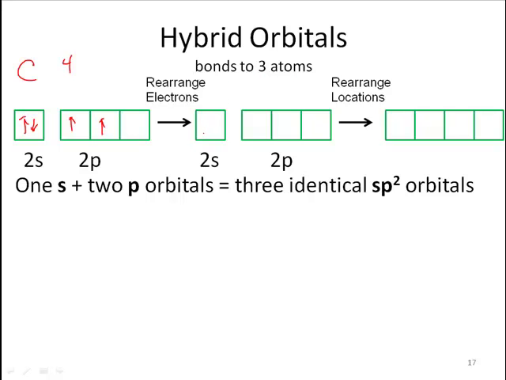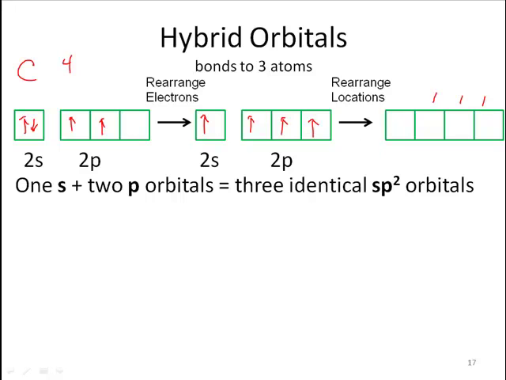So here, up, up, up, up. Now, it only bonded to 2 here, so we will rearrange it so it would bond to 3. Now, 3 things want to connect to it, so we've got room for 3 things to connect here.